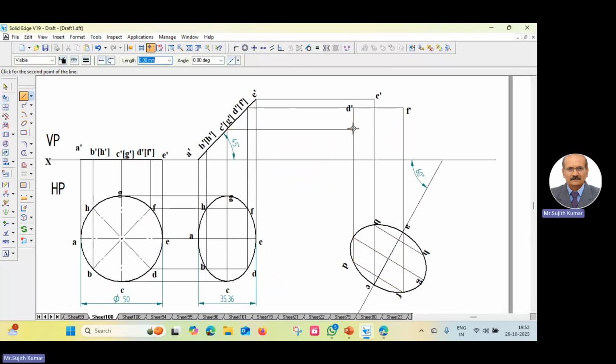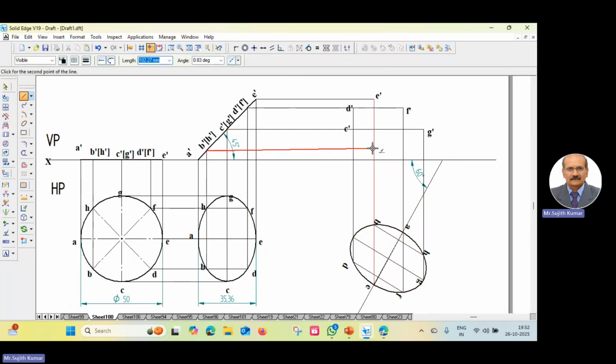C dash and B dash are coinciding. G dash, this is G dash, and name it. This is G dash, C dash. Then go to the next point, B dash, H dash.